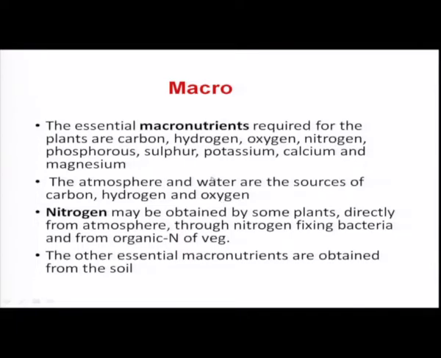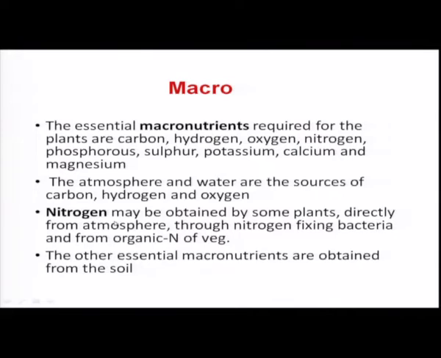So, atmosphere and water actually provide oxygen, and carbon and hydrogen mainly come from this, and nitrogen may be obtained by some plants also directly from atmosphere.